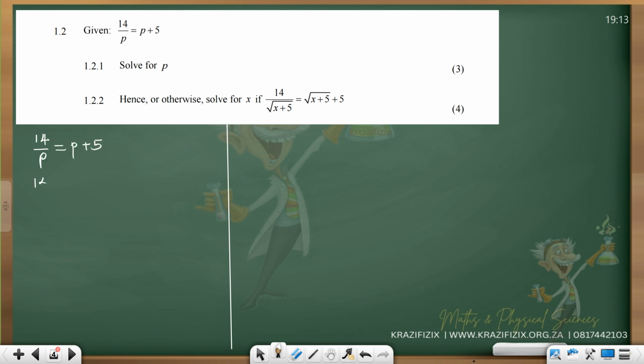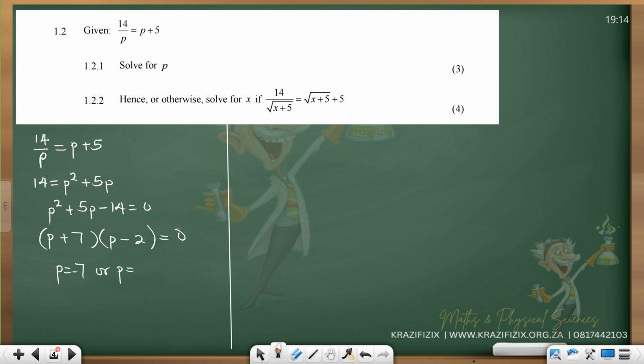I will just cross multiply. I have P squared plus 5P, which means P squared plus 5P minus 14 would give us 0. I think I'm seeing my answers already as 7 and 2. P plus 7, which means P equals negative 7 or 2. 3 marks.